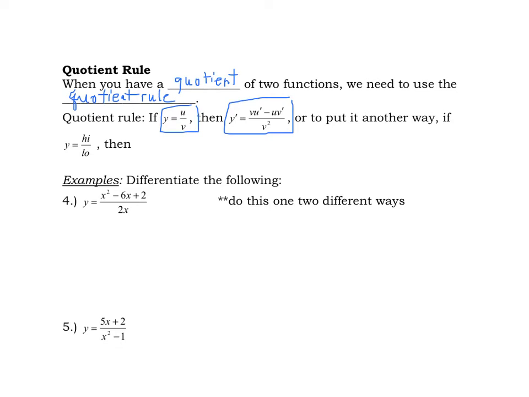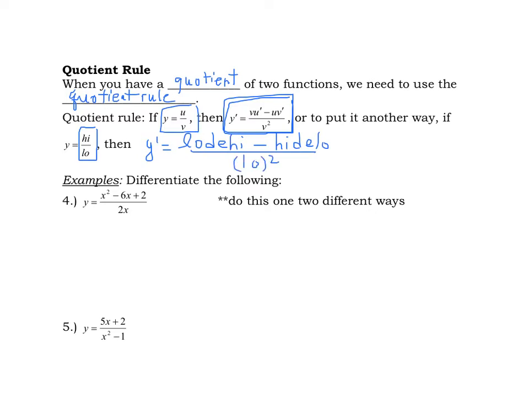To put it another way, if you were to think of your quotient as having two parts, a high and a low, then your derivative can be summarized by low d high minus high d low all over low squared.